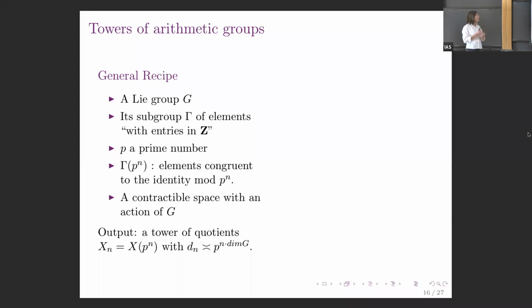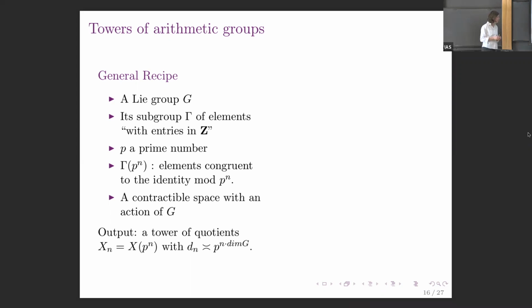And then you take its discrete subgroup of elements with entries in Z. I'm putting this in air quotes. With p a prime number, gamma p to the N: since you have a group with entries in Z, you can always reduce mod p to the N. The elements congruent to the identity will give you a finite index subgroup. And then what you need also is a contractible space with an action of G. In our example of the circle it was the real line, and in the next example it's the hyperbolic plane.